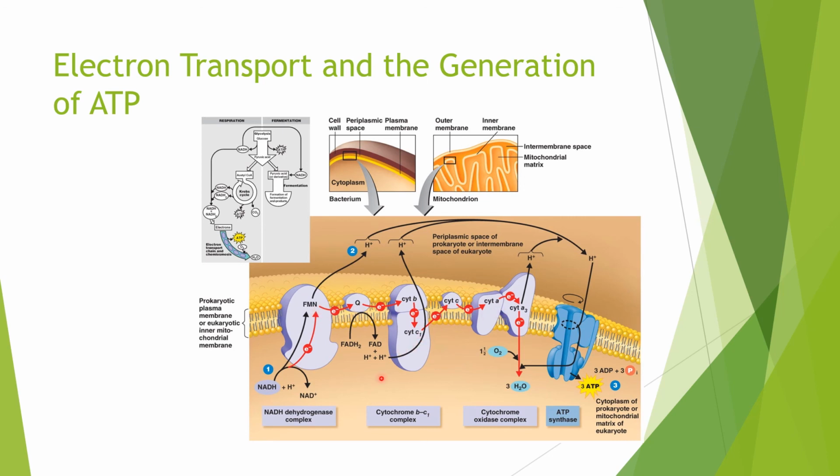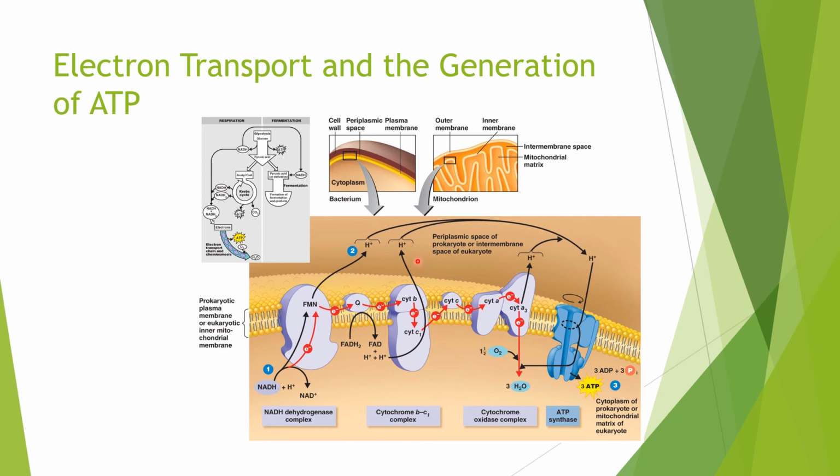At the same time, inside of the mitochondria, which is right here, the matrix, there are some hydrogen ions. Those hydrogen ions are going to be released from the matrix of the mitochondria to the intermembrane space, which is the space right here between the inner membrane and the outer membrane of the mitochondria.